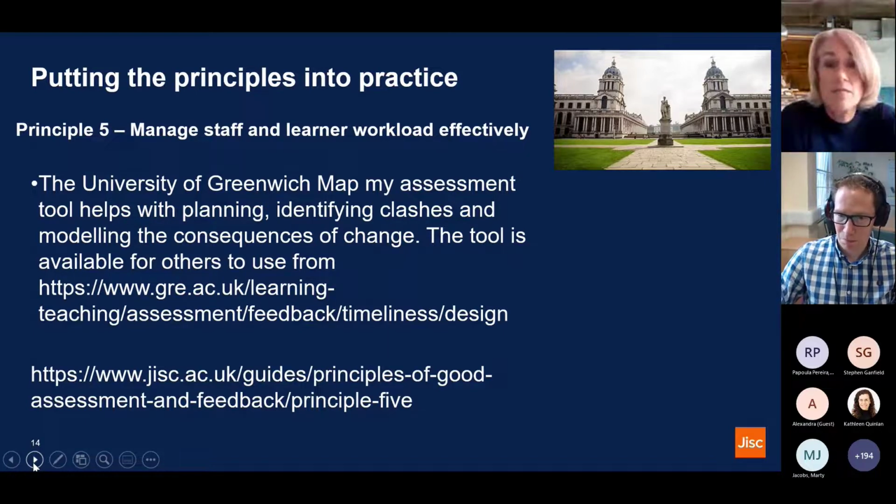Map My Assessment offers a visual representation of the assessment type, hand-in dates, weighting, feedback and return dates, which allows staff to spot clashing deadlines and explore whether assessments are adequately aligned with the courses within a programme, and enables students to better manage their time.